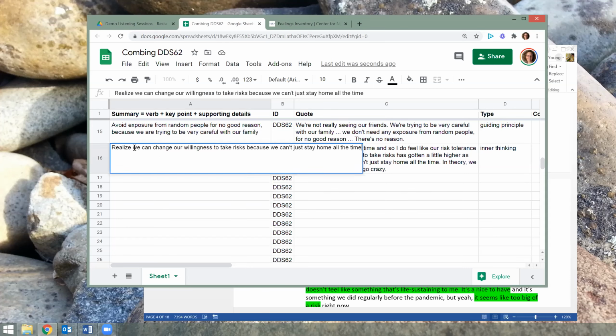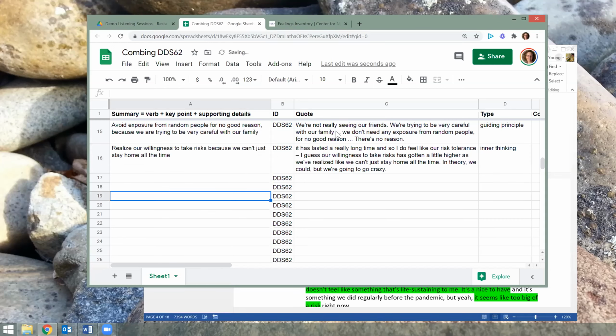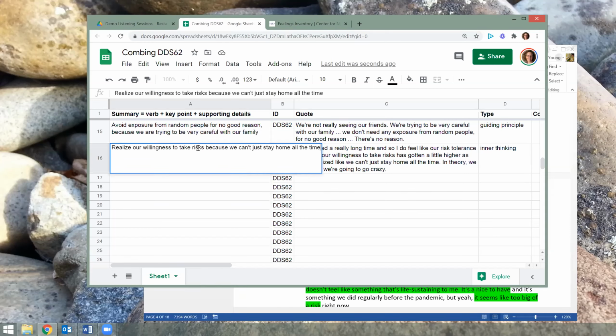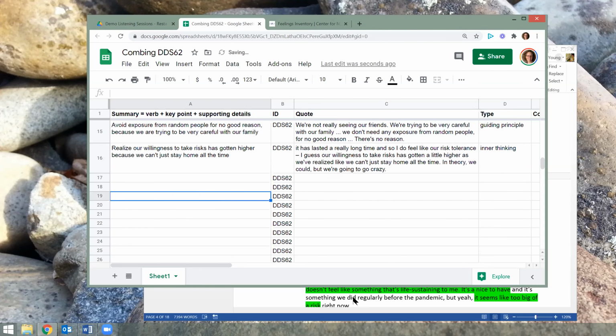How about we just say it the way she did? Realize our willingness to take risks has gotten higher. Wait, what's higher or lower? All right, got a little higher. Okay, yeah. Okay, there we have it.